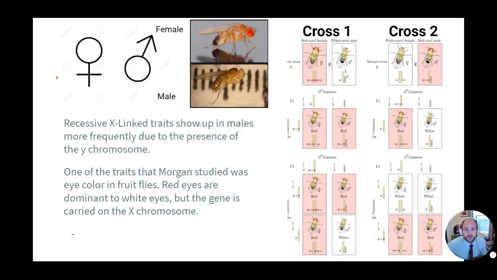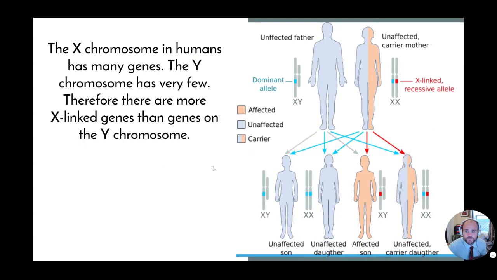Okay, so this is going to be why these recessive X-linked traits are going to show up in males a lot more often. Only when it's recessive do you see this more frequent ratio, and it'll be that 50% ratio when the mom is a carrier, for example, because you only need to get one of them, whereas the females have to get two.